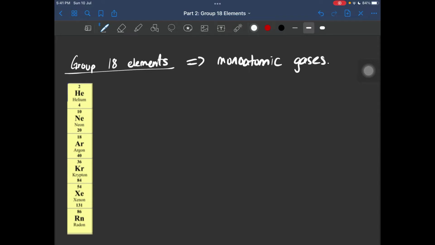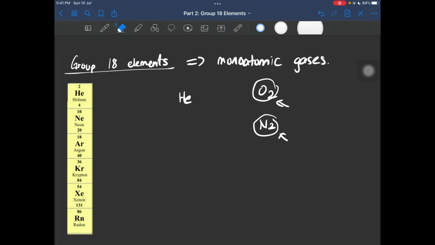For example, helium exists as just helium, He. However, if you compare with other gases such as oxygen and nitrogen, they exist as diatomic gases, as 2 atoms. But group 18 elements exist as just one atom. And we'll discuss why they exist as monoatomic gases later on.